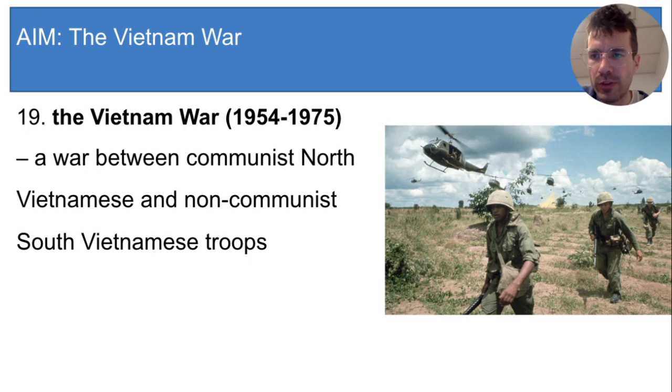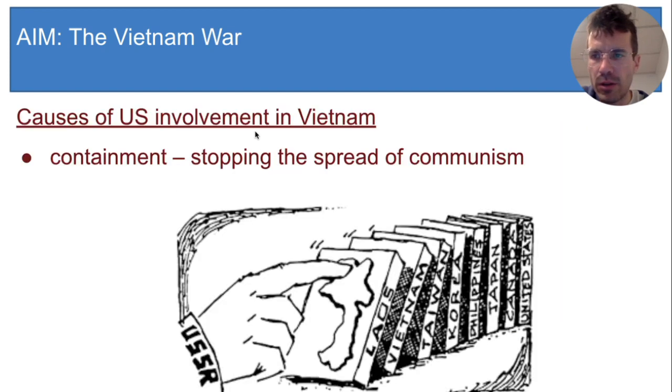All right, now let's look at some reasons why the US got involved in this faraway war. The first reason was containment, which meant that the US wanted to stop the spread of communism even in faraway places. At least that was the government's justification for the war.